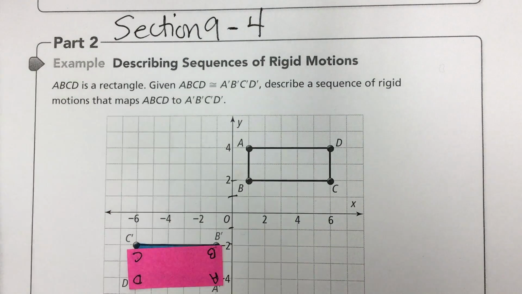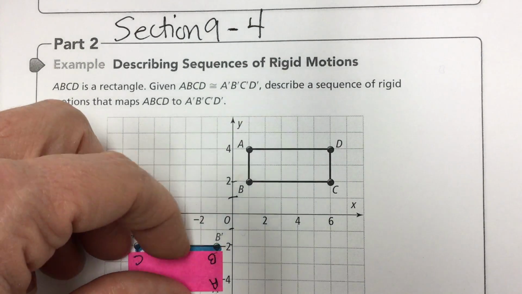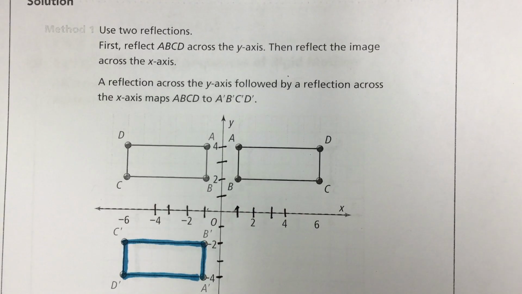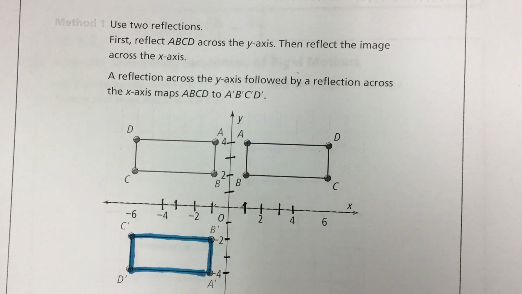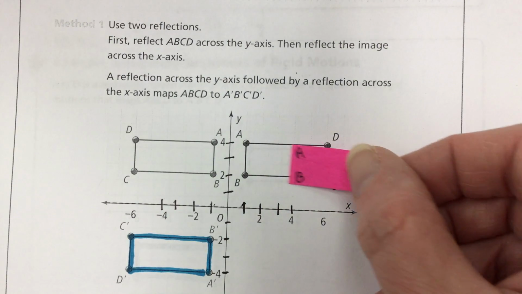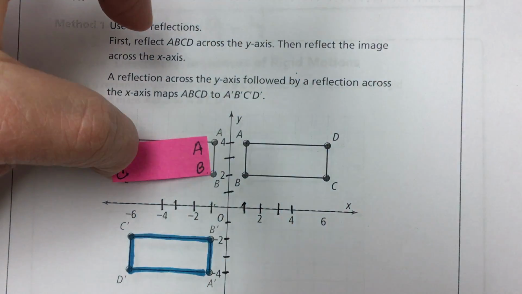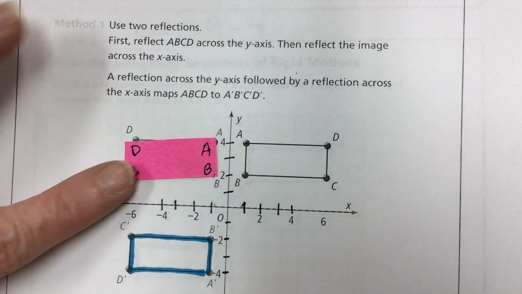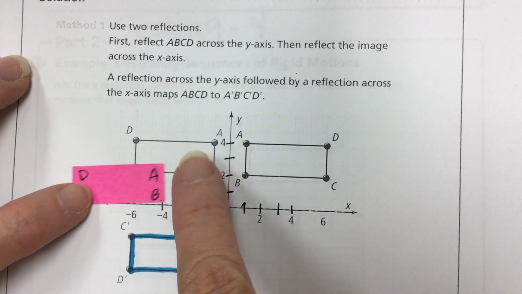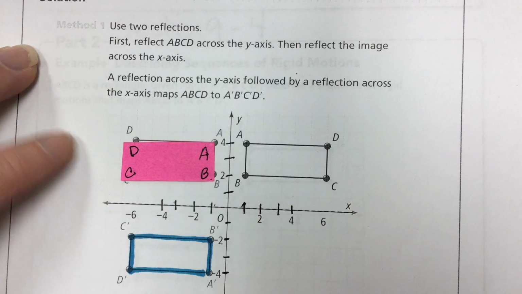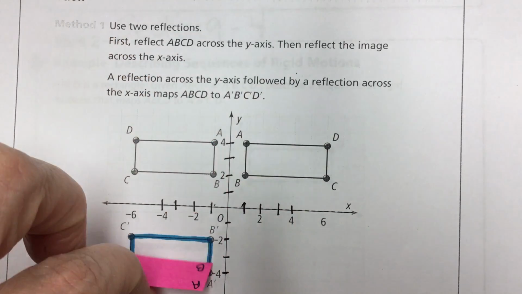So let's look at it on this picture. Same situation, it's just being shown to us. We used two reflections. We first took ABCD and reflected it across the y-axis, and here we are at this rectangle, okay? Then we reflected the image across the x-axis.